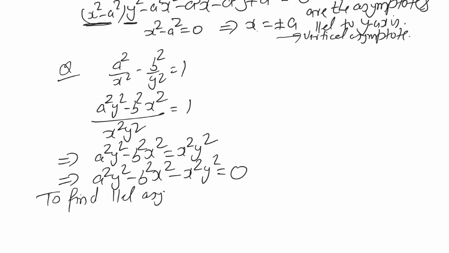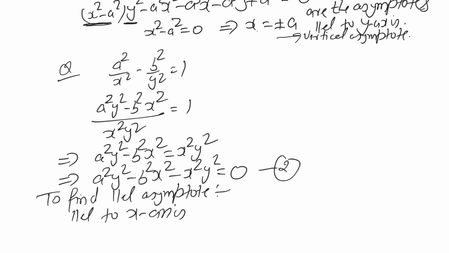Now to find the asymptote parallel to the x-axis, equation number 2 can be written by collecting the highest degree in x, as: (a square minus y square) x square... Equivalently, the coefficient of the highest degree in x is y square plus b square.